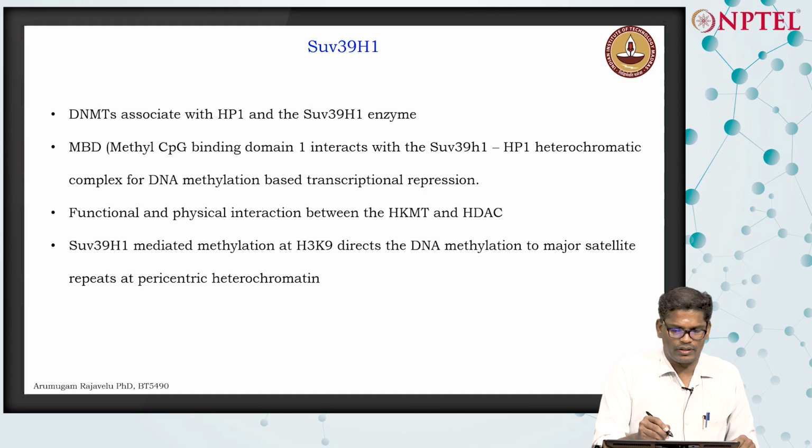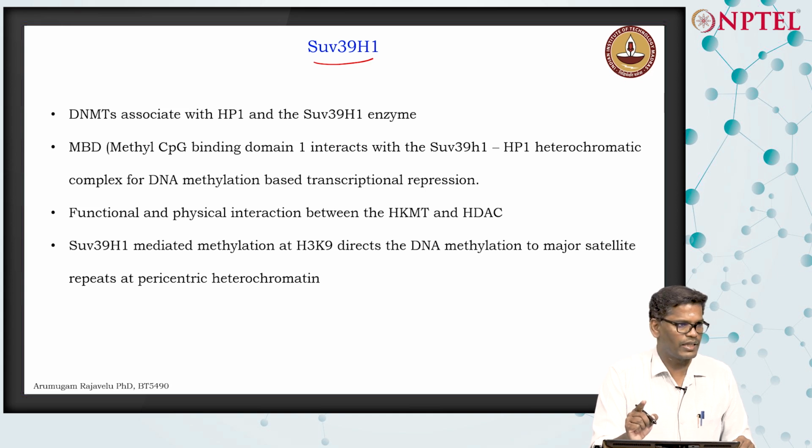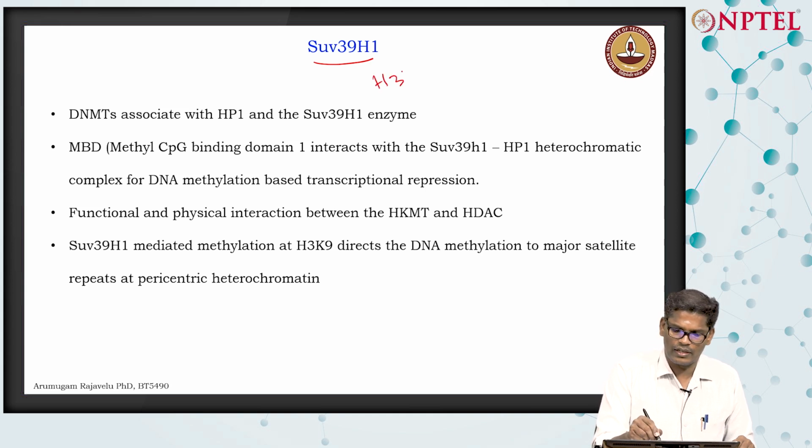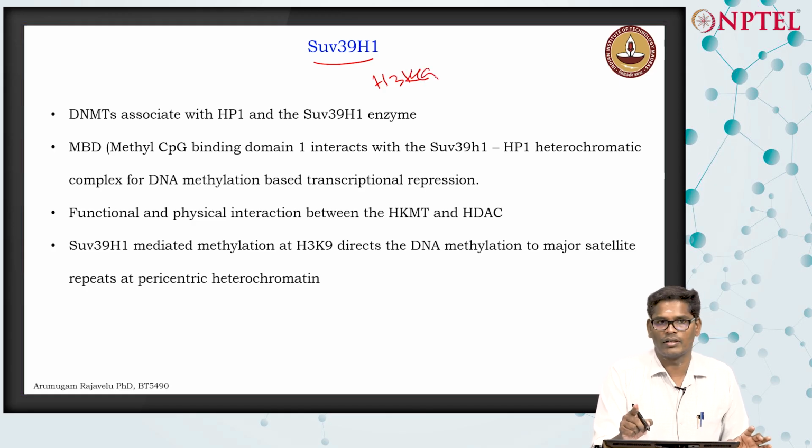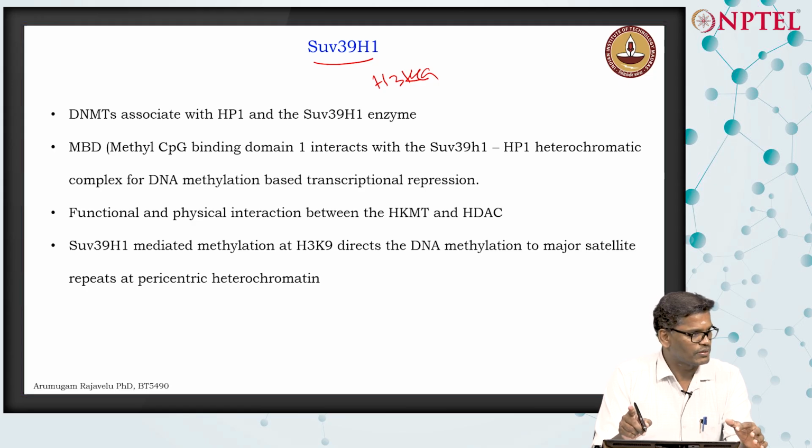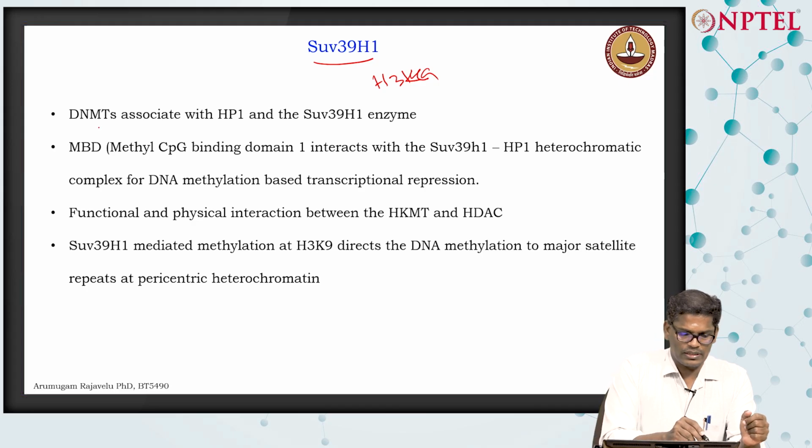Right. So it's very clear SUV39H is a repressive enzyme because it methylates histone 3 lysine 9. Very clear. Lysine 9 is a repressive mark. That means the nucleosome carrying this particular mark is always repressive, and that gene is repressed and inactive. So it is possible it can interact. People identified it interacts with the DNMTs.